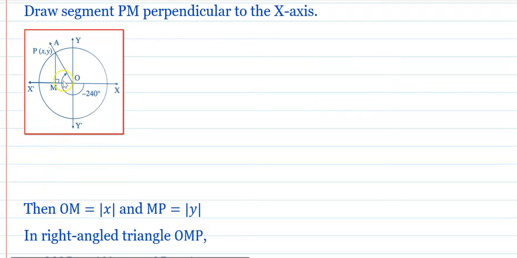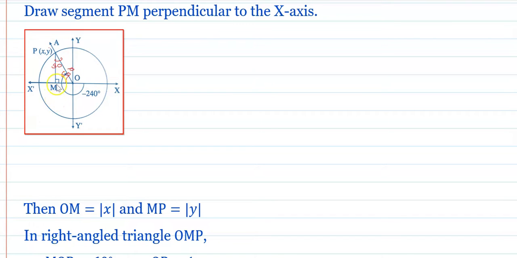Now as the measure of this angle is minus 240, what about the measure of this other angle? That is equal to 30. What will this measure be? This is 60 degrees. This will be 30 degrees.